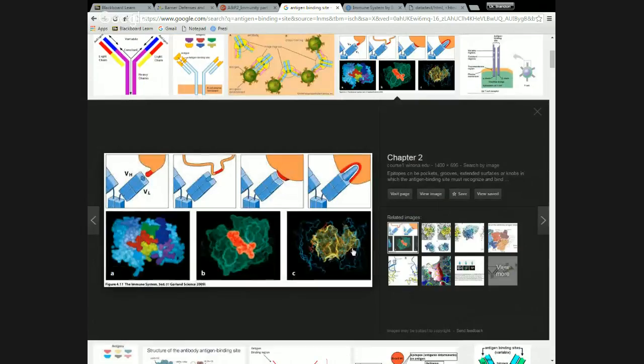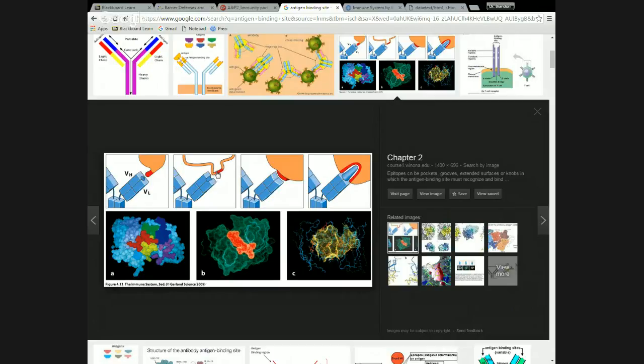This picture shows a little different kind of depiction of what these things look like, sort of the variability in what the antigen binding sites and their complementary antigens might look like. So here we have kind of little nubbin sticking off of something that fits specifically to that.